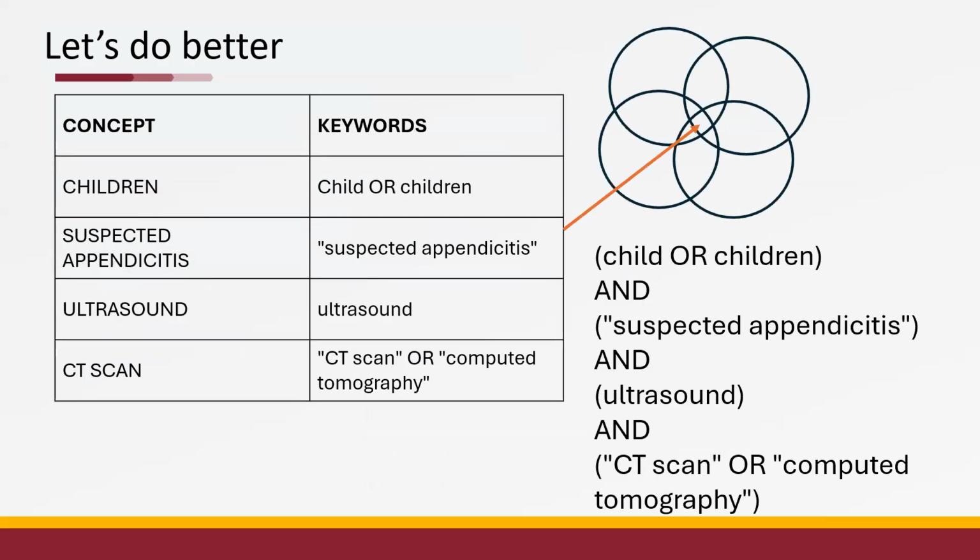Okay, so I took out the subject headings for just a second, because again, we'll get to that, just so we have room to see what we're talking about. And so we have, again, visually our four concepts. Each one of those circles represents children, appendicitis, ultrasound, CT scan separately. And we're looking for that overlap of all of them.